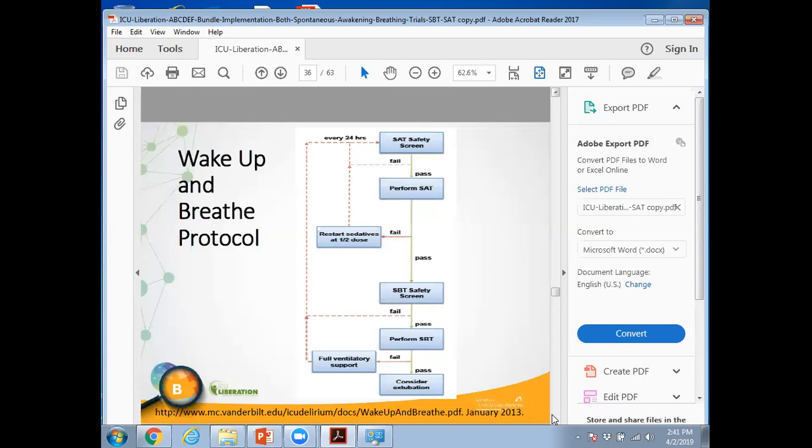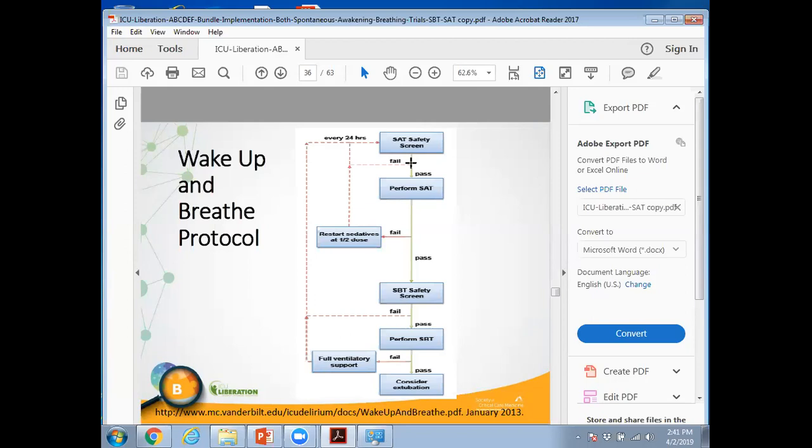There are many ways of implementing protocols for wake up and breathing trials. One of them is that you assess every 24 hours, doing a screening of whether the patient's sedation can be stopped, and whether the patient meets the criteria for a spontaneous awakening trial. There are details on this. Make sure he doesn't have severe traumatic brain injury, no severe ARDS, no neuromuscular blockers, and he has low FiO2 and low PEEP.